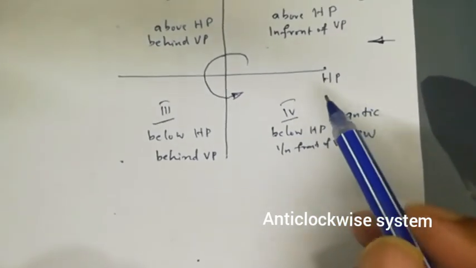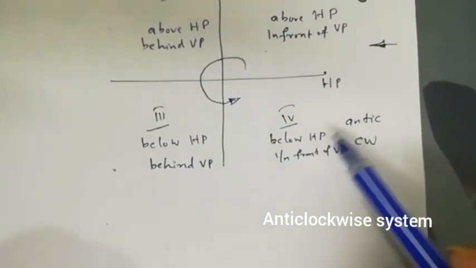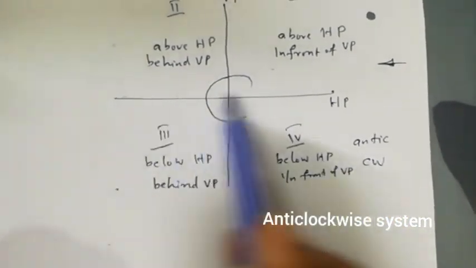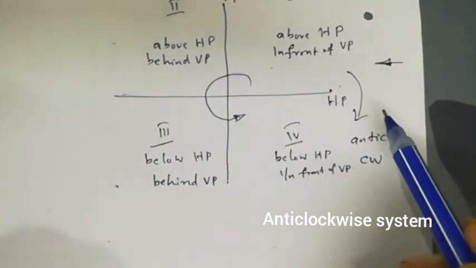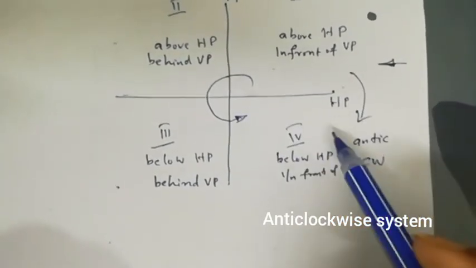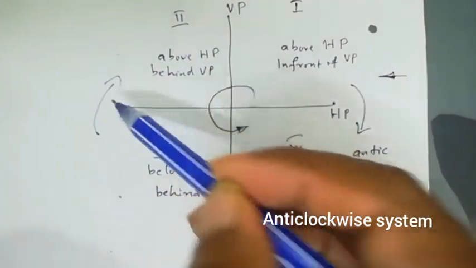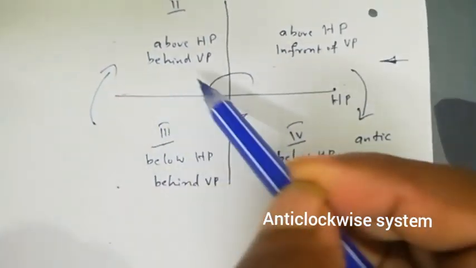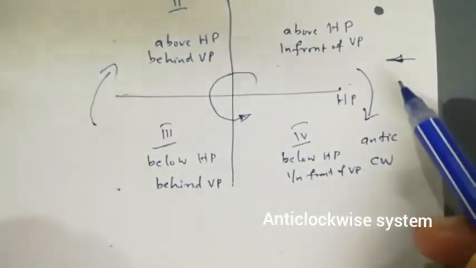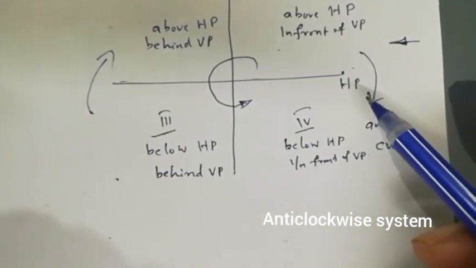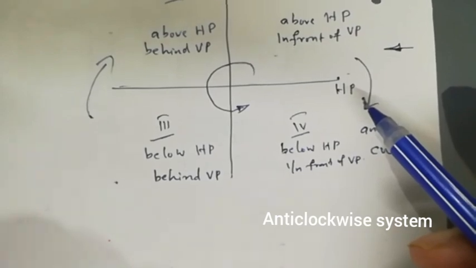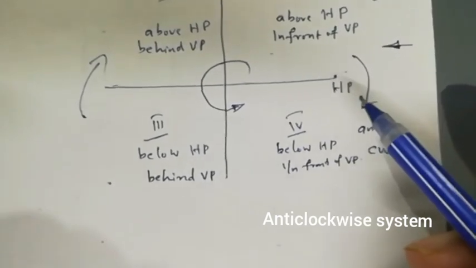So this is how we designate 4 quadrants, and this horizontal plane can be rotated in the clockwise direction. So this portion will come down and this portion of the horizontal plane will go up when we transfer the 3D objects, projection of 3D objects into a plane geometry or 2D surface.